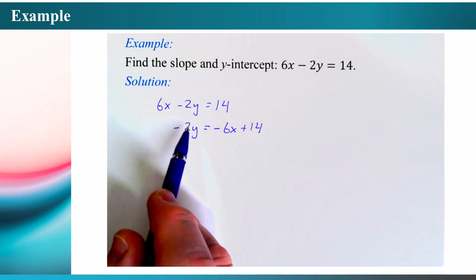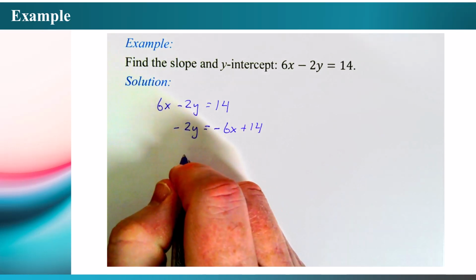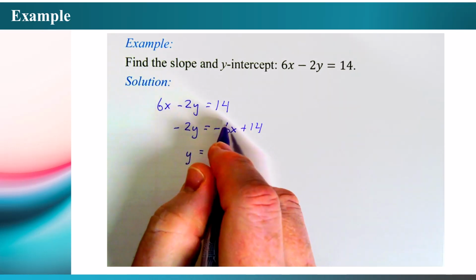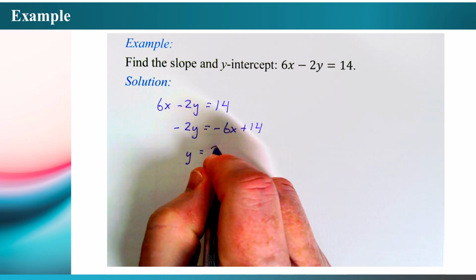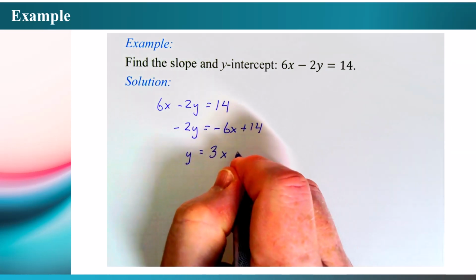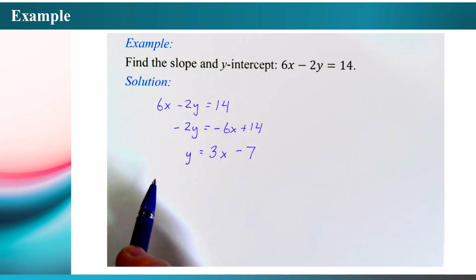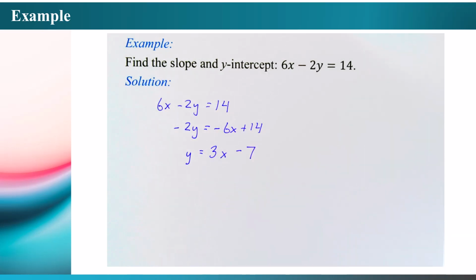If I divide both sides by negative 2, that will isolate the y on the left-hand side, so that will give me y equals negative 6 divided by negative 2, which gives me 3x, and 14 divided by negative 2 gives me negative 7. And straight from here, I can see that this is in the form y equals mx plus b, where m is equal to 3 and b is equal to negative 7. The slope is 3, the y-intercept is negative 7.